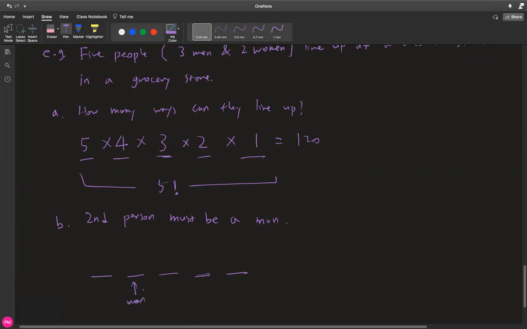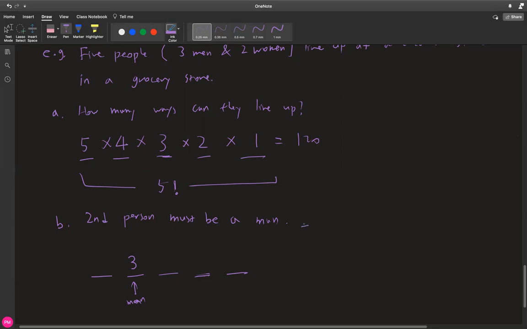When you're given restrictions like this, you always consider the restriction first. Leave out the ones that do not have any restriction and take care of this restriction first. So we have 3 men in this group, and if the second place can only be a man, you can have 3 different choices here.